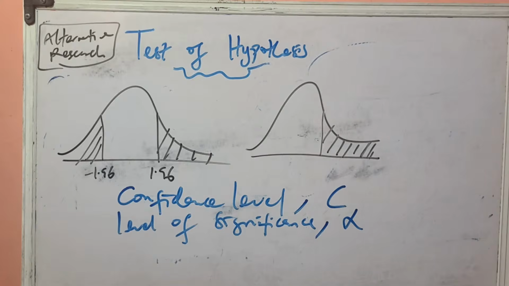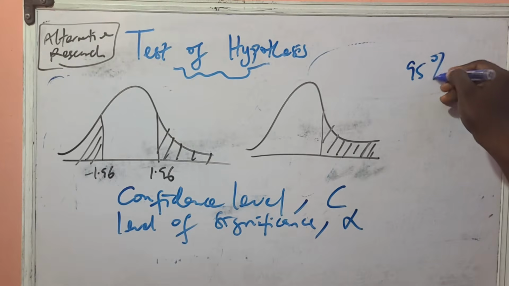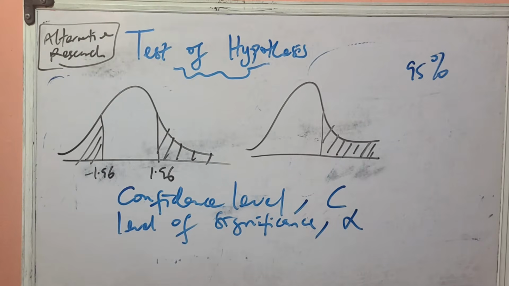So what's confidence level? The meaning of confidence level, as the word implies, is that when you're about to run a test, you want to say how confident you are that your decisions were perfect. Now, we have different confidence levels. It's possible for me to decide to test the hypothesis on a 95% confidence level.